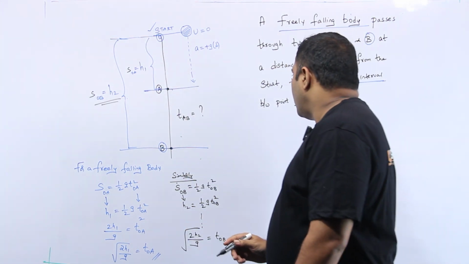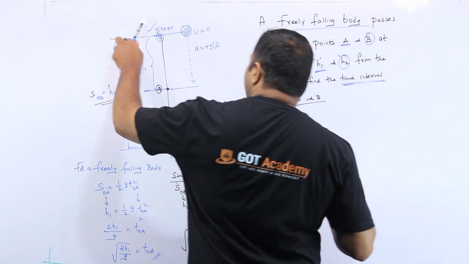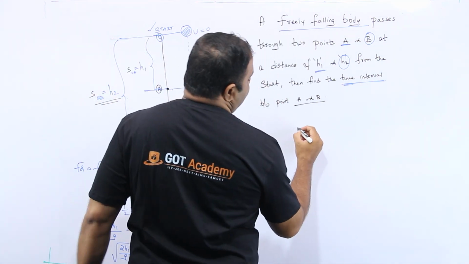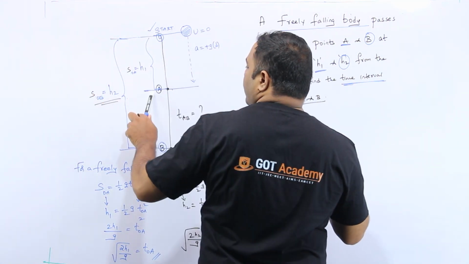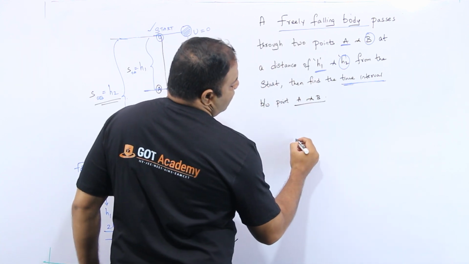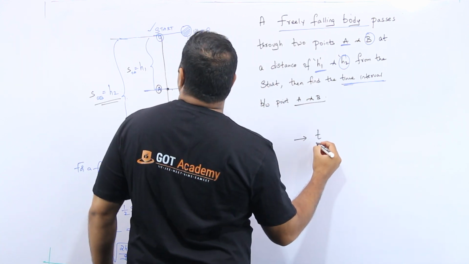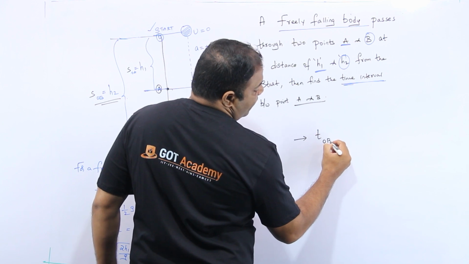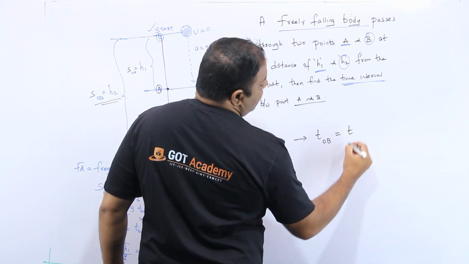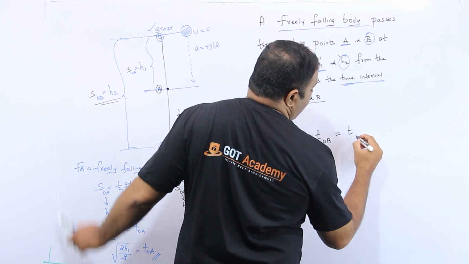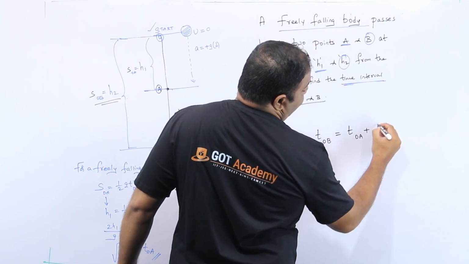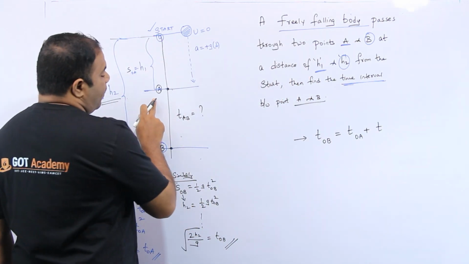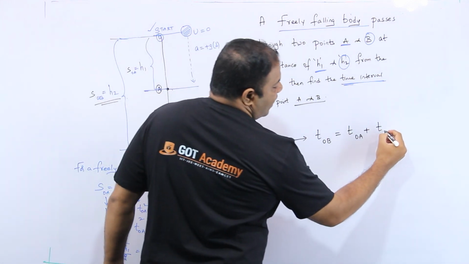Now, I could say that during its journey from point O to B, that is equal to O to A plus A to B. So the total time taken from O to B in its journey can be written as the time taken from O to A plus the time taken from A to B. Like this I could write.